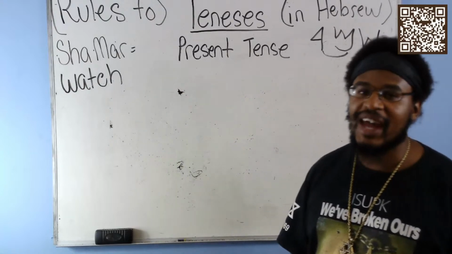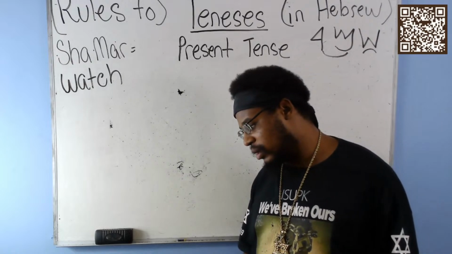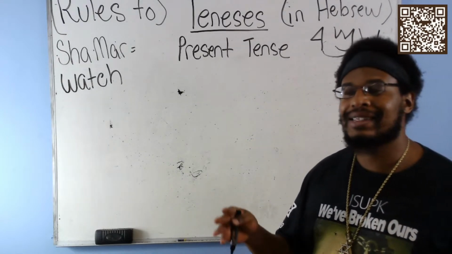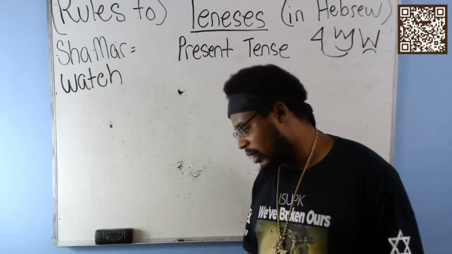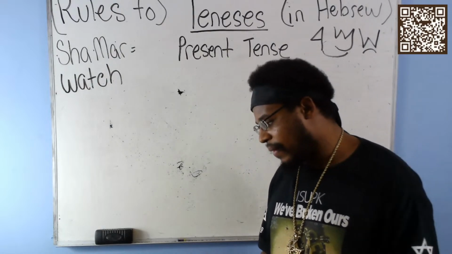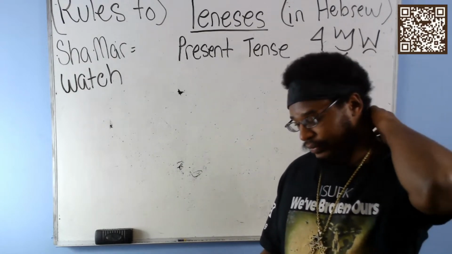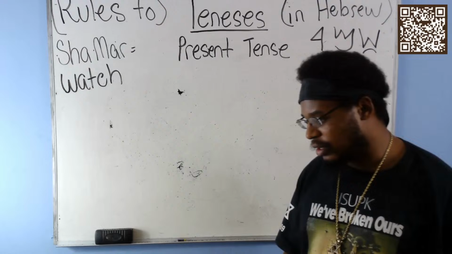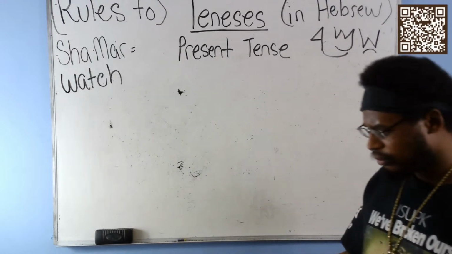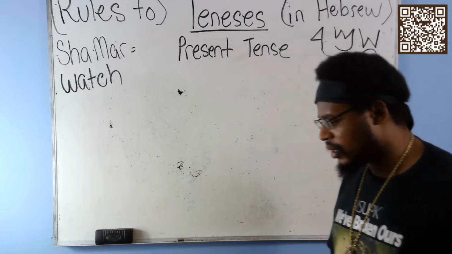So when we added in, we added the wa. Adding the wa in between the first and second character is what's going to make it present tense.